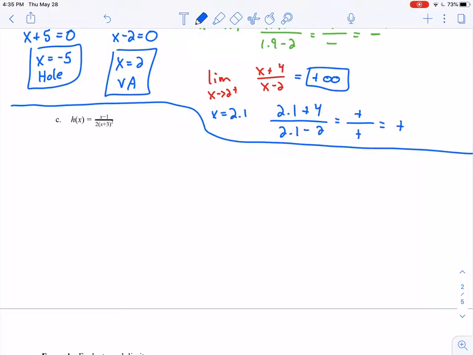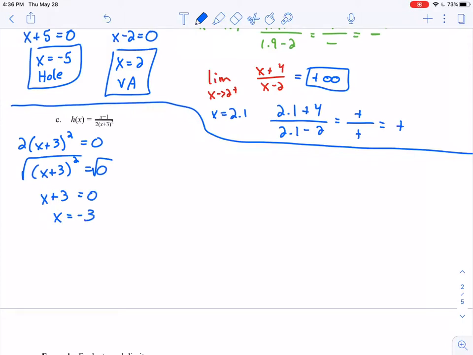So I'm just going to take my denominator, set it equal to 0. 2 times x plus 3 quantity squared, set it equal to 0, so that I can find the zeros of the denominator. So I'm going to start by dividing by 2. That would give me x plus 3 squared equals 0 still. Maybe I take the square root of each side. That still gives me x plus 3 equals 0. So I only have one zero.